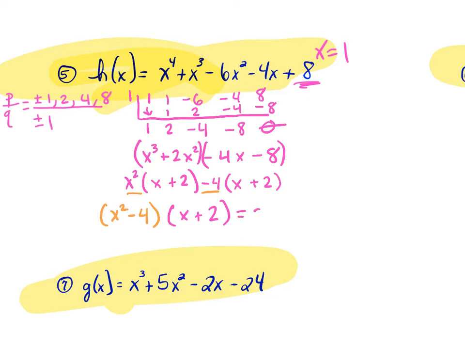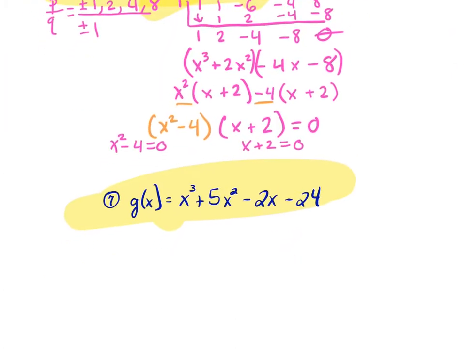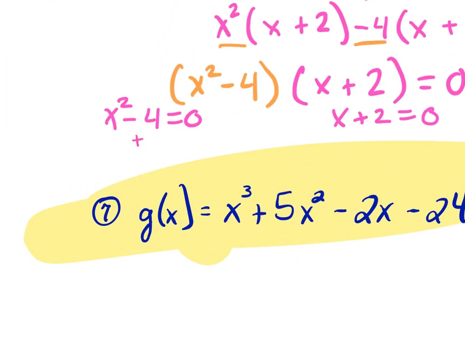So we're finding our zeros, so we need to set both of these equal to 0. So x squared minus 4 is equal to 0, and x plus 2 is equal to 0. We would add 4 to both sides. So x squared is equal to 4. Take the square root. So what do we get for x here? Plus or minus 2.